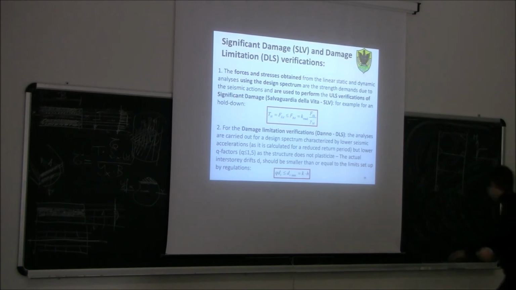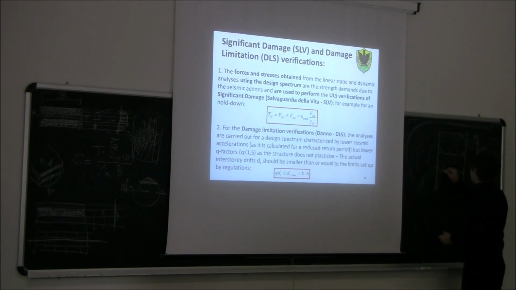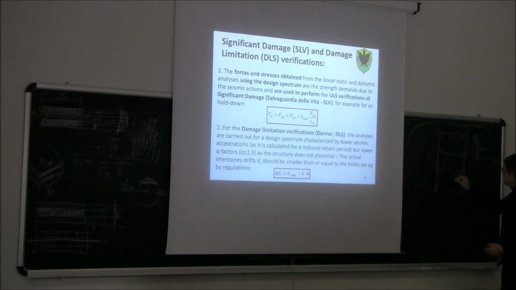So, for example, if you have a frame like this, during an earthquake, I can expect that this floor will have deflection like this. And what I'm interested in is this relative displacement of one floor with respect to the other.